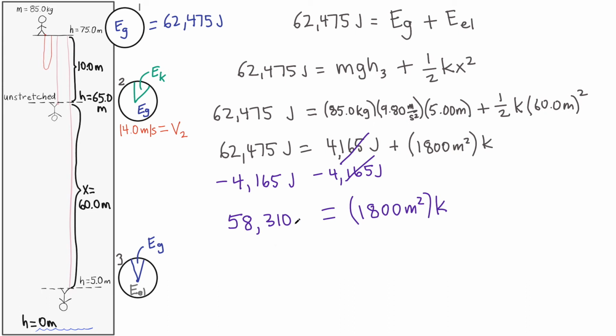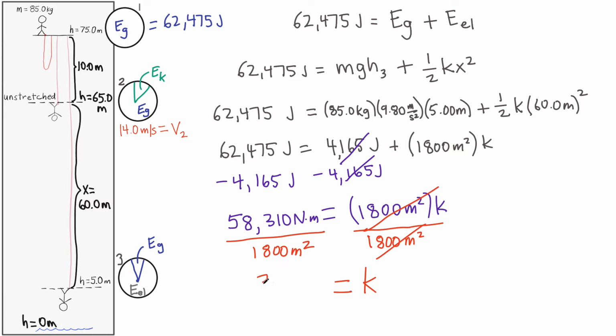I'm going to write joules as Newton meters here, and you'll see why in a moment. Finally, I need to solve for k. I divide both sides by 1,800 meters squared. So we will have solved for k. 58,310 divided by 1,800 is 32.4. Let's consider the units.